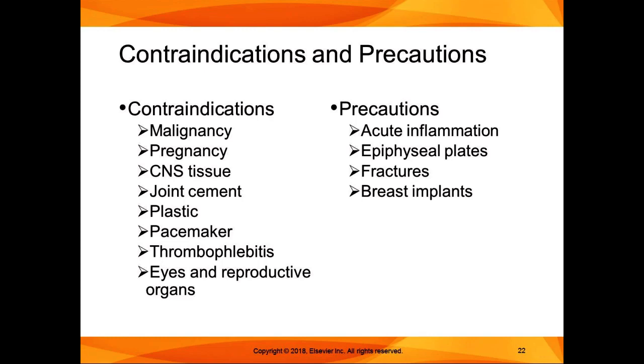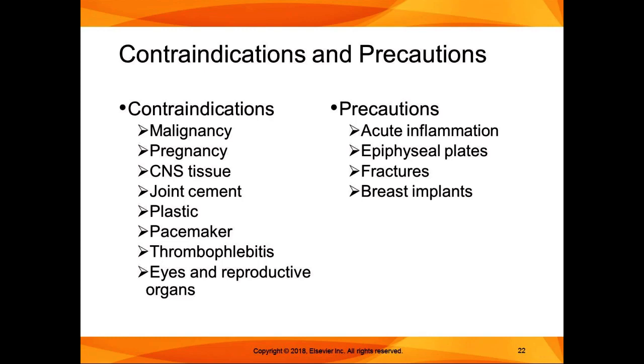Plastic parts. So if somebody has an implant that has plastic, you don't want to use ultrasound there. If somebody has a pacemaker, thrombophlebitis, because we don't want to jostle those clots loose. And eyes and reproductive organs. I cannot imagine a scenario where I would want to use ultrasound on someone's eyes, but there you go.